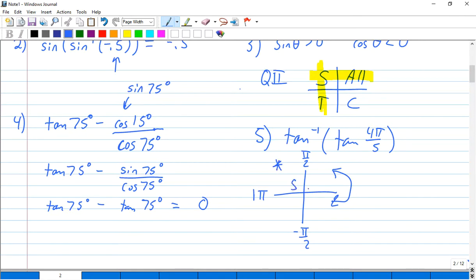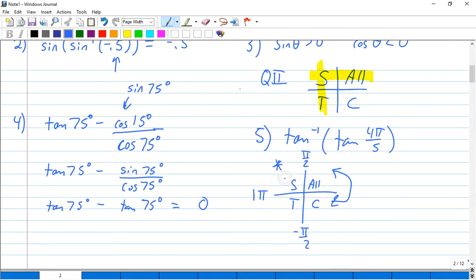So I know that it's in the second quadrant, but I have to change it into either the first or fourth quadrant, written as a negative angle measure, depending on whether tangent is positive or negative in the second quadrant.